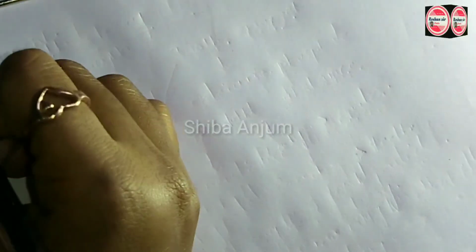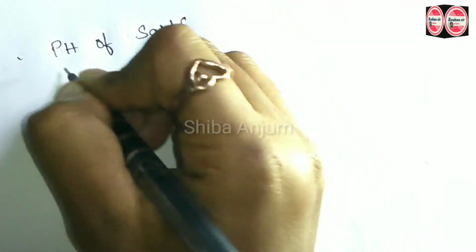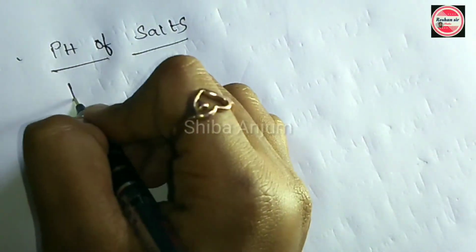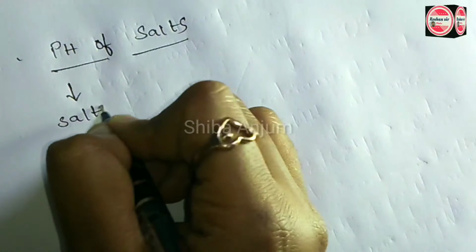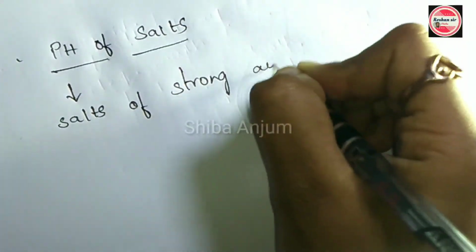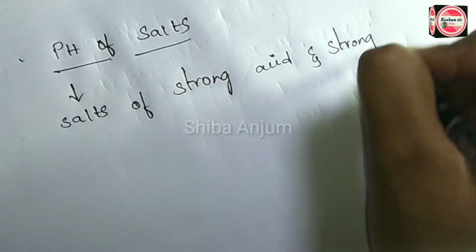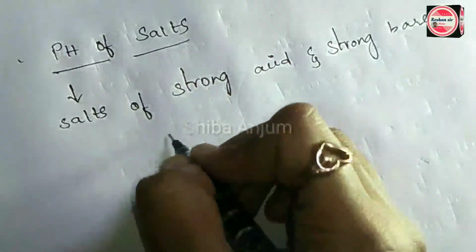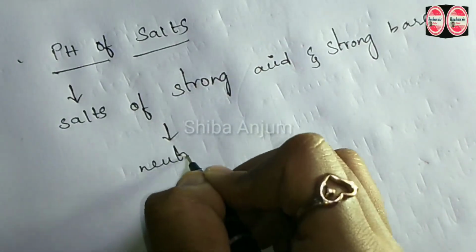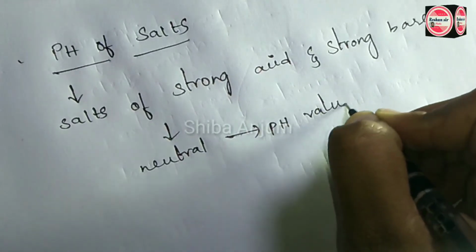pH of salts. Salts of strong acid and strong base are neutral with pH value 7.